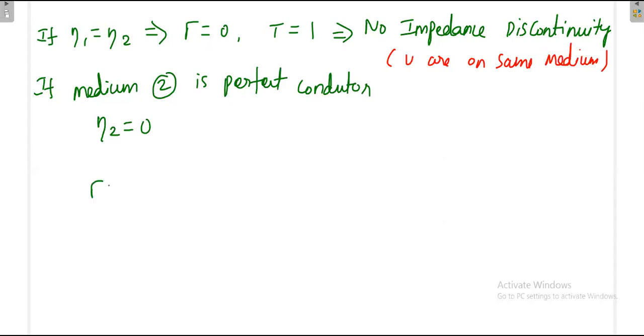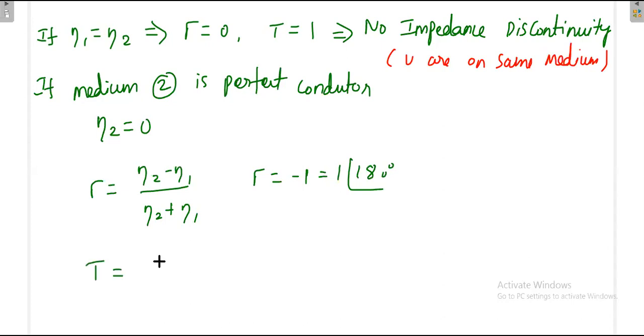Then what is the reflection coefficient? When eta 2 is 0, using the formula eta 2 minus eta 1 divided by eta 2 plus eta 1, the reflection coefficient is minus 1, or you can write it as 180 degrees. Then what is the transmission coefficient?